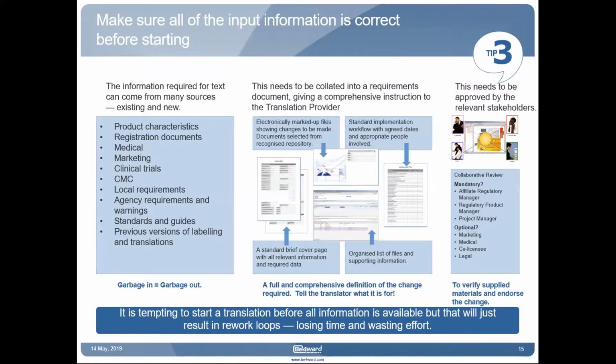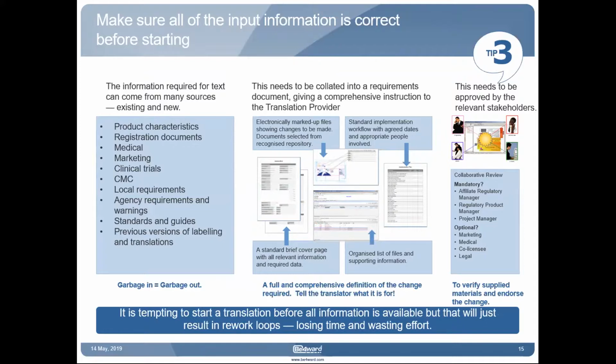The third tip, and particularly relevant to your poor translation provider, is make sure that you've got all the information correct before you start. So on the left-hand side here, you're bringing in information from many different parts of the organization, and I've listed down some examples that may be relevant for a labeling change that you're doing.